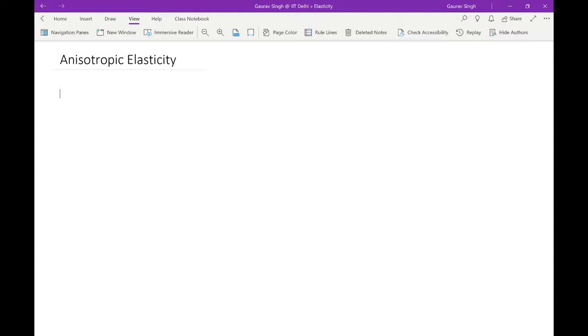So in this particular discussion, we will see how linear elasticity applies when the solid is anisotropic, meaning the elastic response is different along different directions.